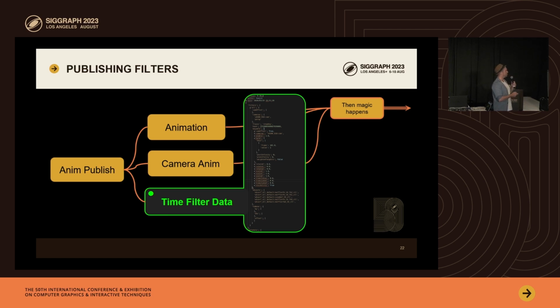You can see what that looks like here. So if a project has time filter, then when an animator hits publish, anim gets sent out, the camera gets sent out, and the time filter data gets published alongside the animation. So a scene can be reconstructed with modified time for simulation, for lighting, and for rendering.